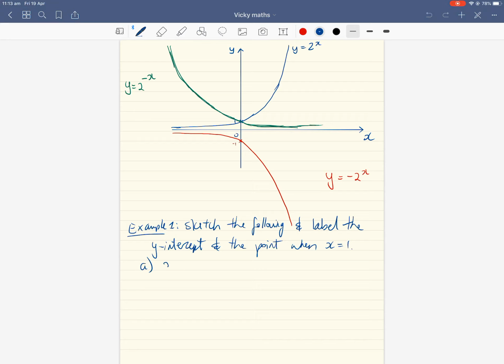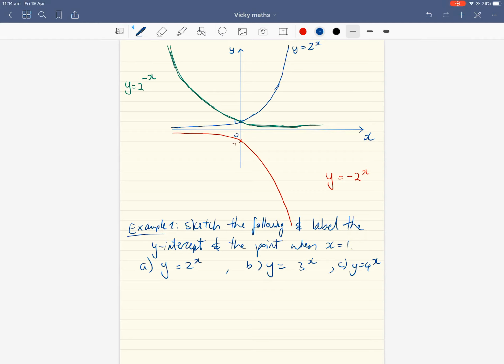We're going to compare the effect of these three graphs, namely y equals 2 to the x, y equals 3 to the x, and y equals 4 to the x. What happens to these exponential graphs as the base value increases? Does it get steeper? Does it get less steep? Does it get more flat? What happens? We're going to investigate that.